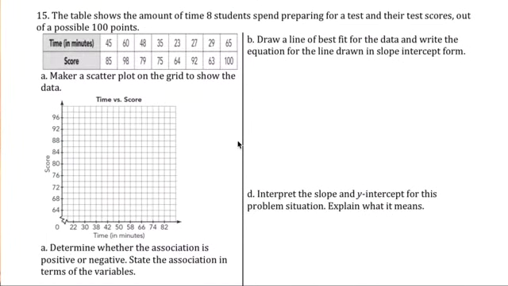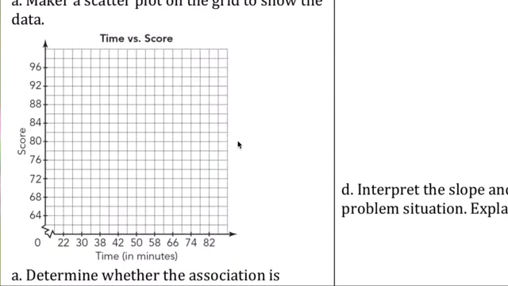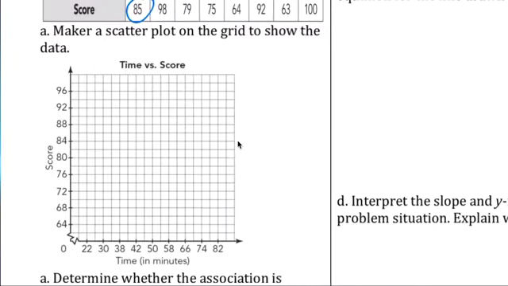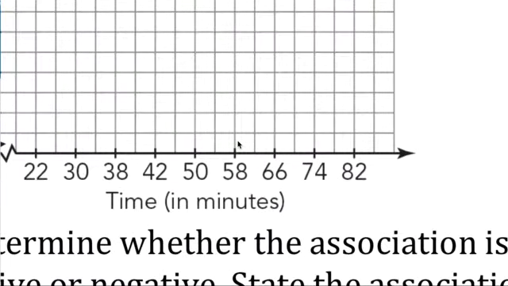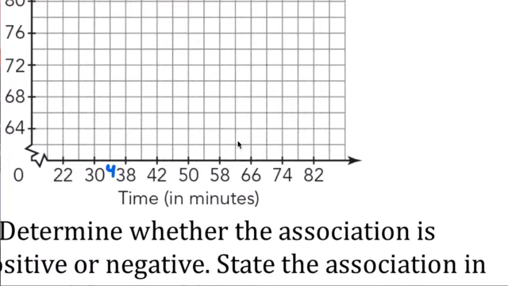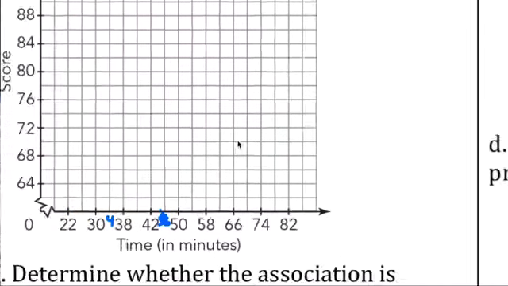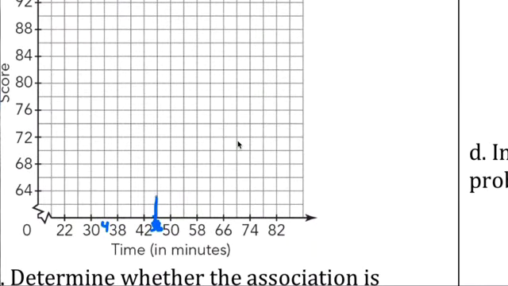Okay, the table shows the amount of time 8 students spend preparing for a test and their test score out of 100. Time 45, they get 85. So 45 is time in minutes. It's increasing by how much? 4, right? 45 is close to there, and 85 goes up to 85, 84, 86, somewhere there.